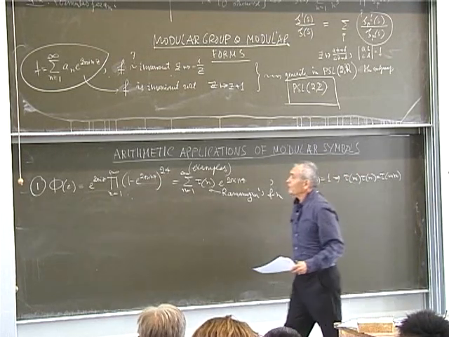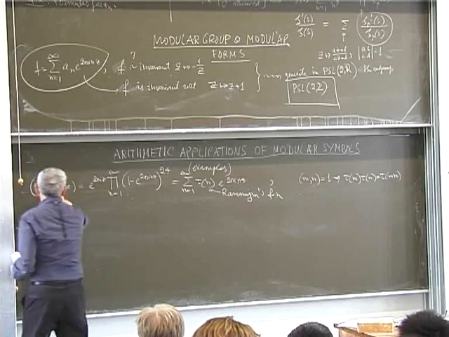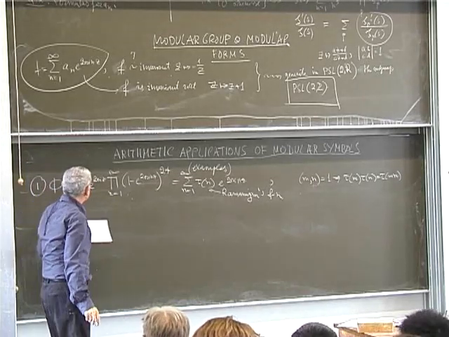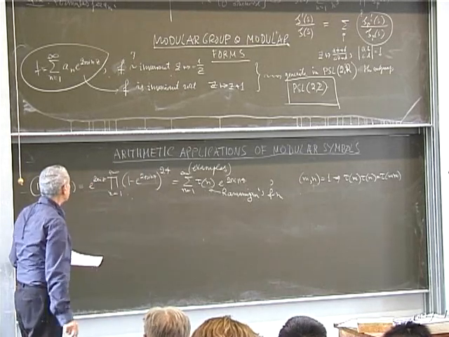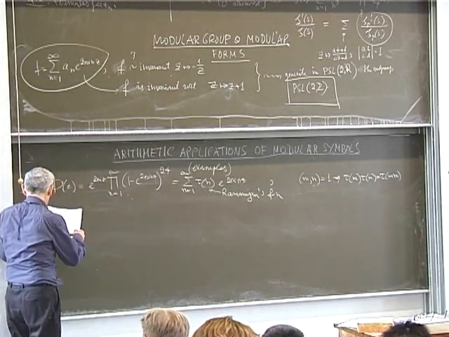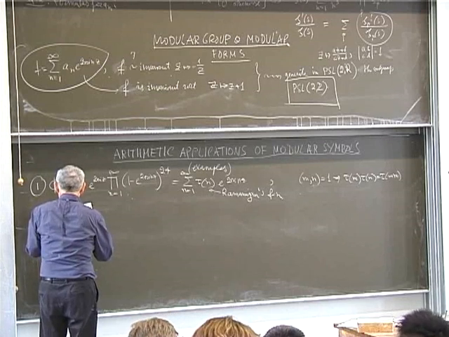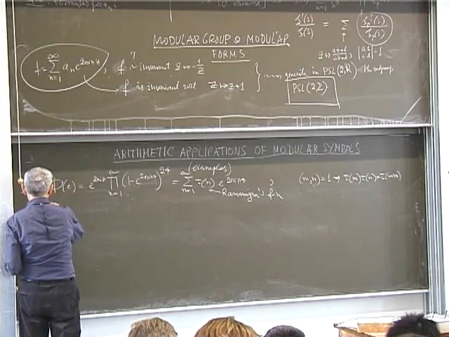So the respective Dirichlet series has an Euler product, which is not obvious at all.